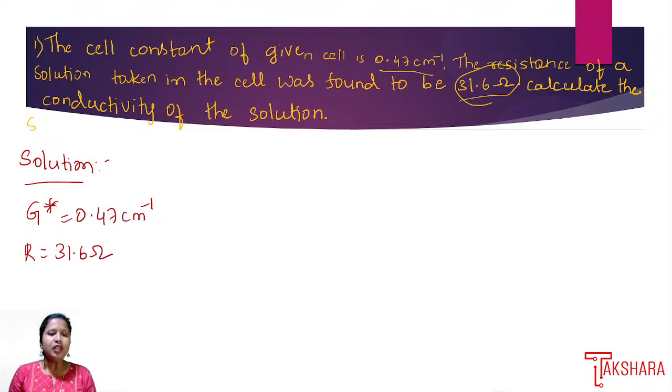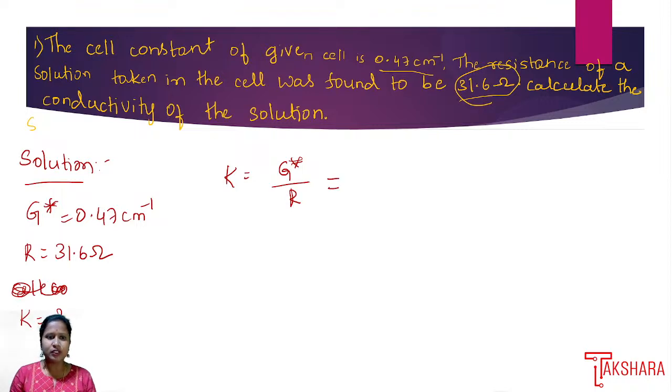We need to find out the conductivity of the solution, which will be represented by K. We know the formula K is equal to G star divided by R.